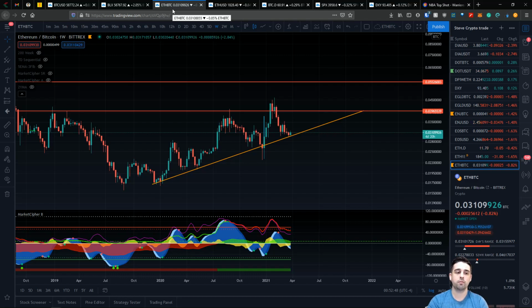Because to be honest, out of the entire market, I have the most confidence in Bitcoin, and I believe Bitcoin is going to be here for the long term. Next would be Ethereum, obviously based on market cap, based on fundamentals, based on network usage. It makes the most sense.